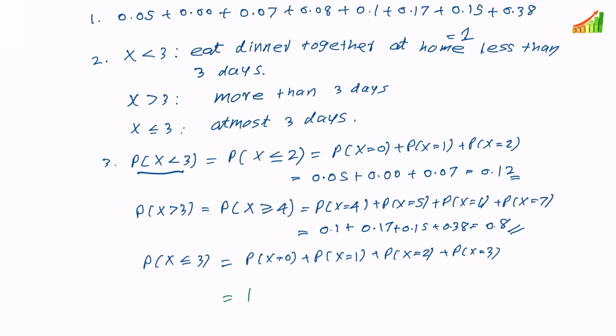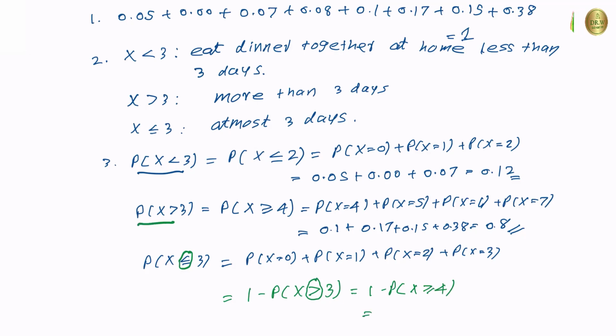This can be written as 1 minus probability x greater than 3. Since we have x less than or equal to 3, we write only greater than 3 here. This is the same as 1 minus probability x greater than or equal to 4.